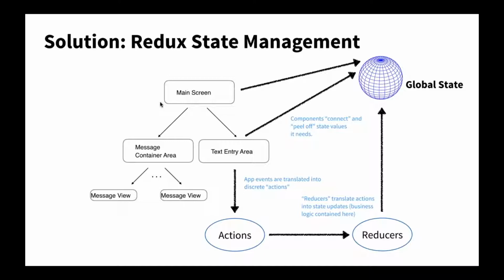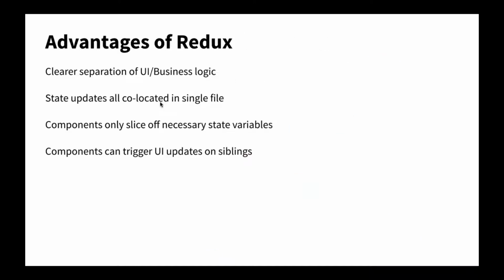So we get one more added benefit in which all the business logic is co-located in these reducer methods. And the UI and the business logic is kept quite separate, which also gives us an added benefit of clarity. So yes, advantages of Redux. We have clearer separation of UI and business, co-location of state updates, and components only really pay attention to what they need to.